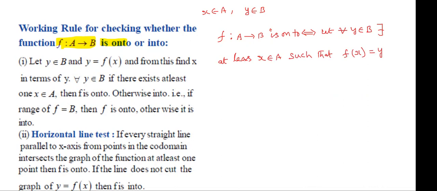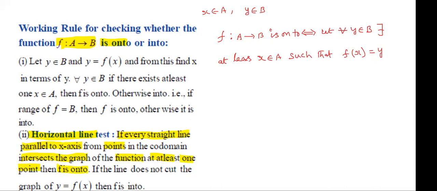Mathematical definition of onto. Okay, and here the horizontal line test is there. If every straight line parallel to the x-axis from points in the codomain intersects the graph of the function at at least 1 point, then f is onto.